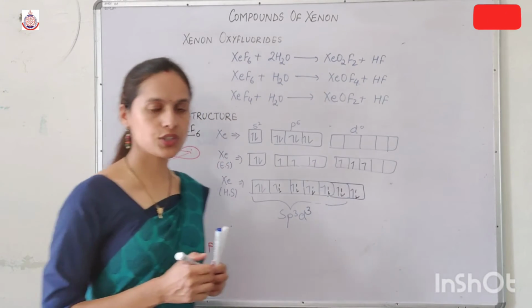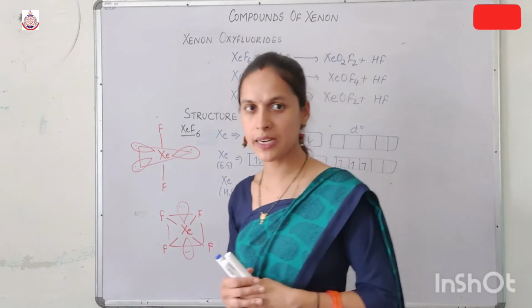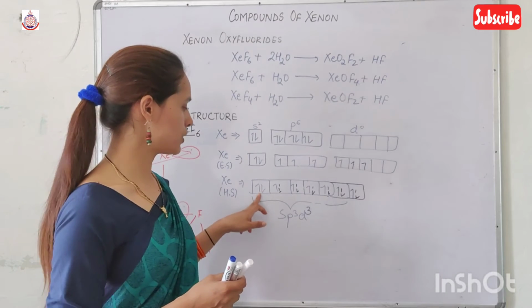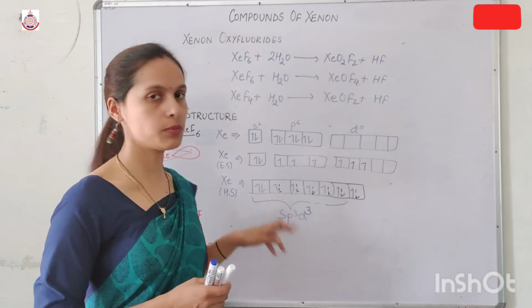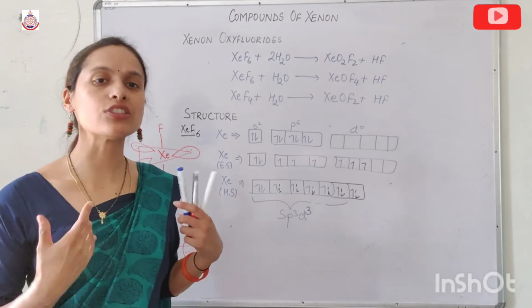So the hybridization is sp3d3, meaning the geometry is pentagonal bipyramidal, but due to the presence of a lone pair, it becomes pentagonal pyramidal, or distorted geometry.